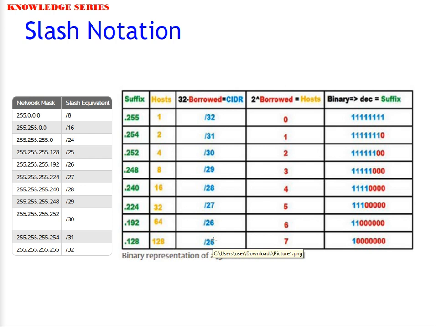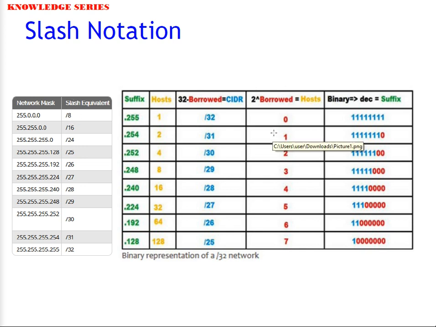So that is what we tried to see. Here once again I repeat, to understand this slash, you have to understand that this slash is giving an idea of how many bits you are using from the given 32 bits.